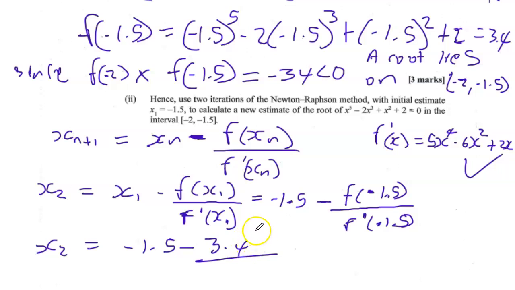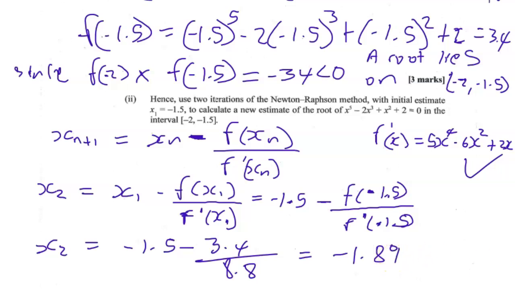And when I find f prime of negative 1.5 by plugging negative 1.5 in f prime, I'm getting 8.8, and that works out to be negative 1.89.